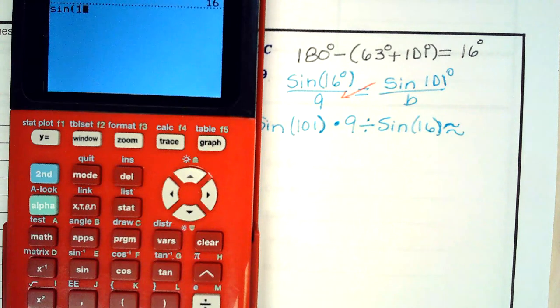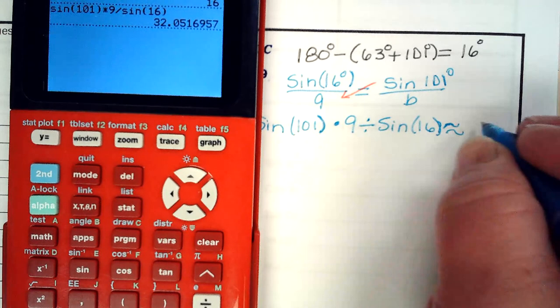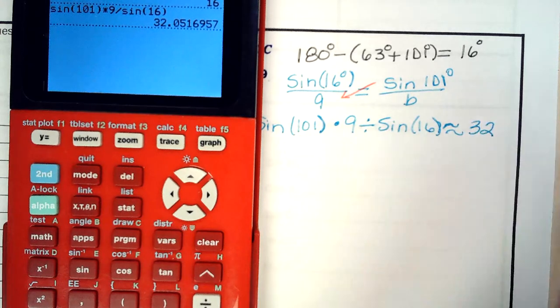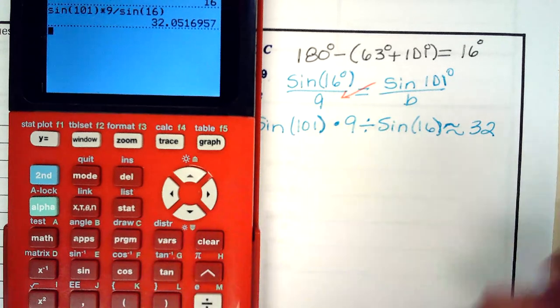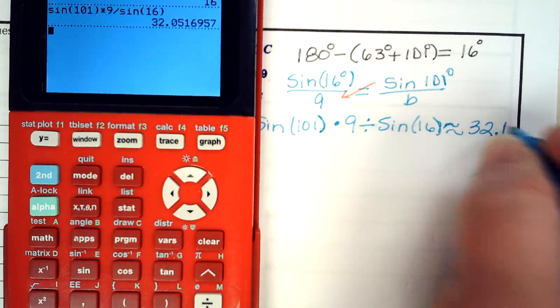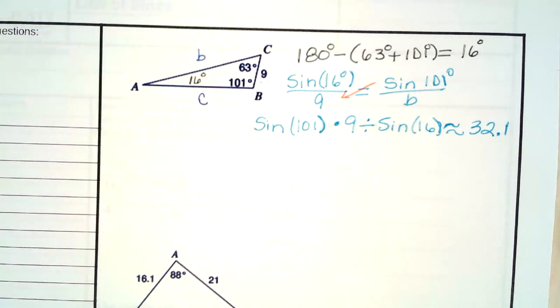Sine 101 parentheses times 9 divided by the sine of 16. That's 32.05, so this is about 32. I could put 0.1 if I wanted to go to the nearest tenth.